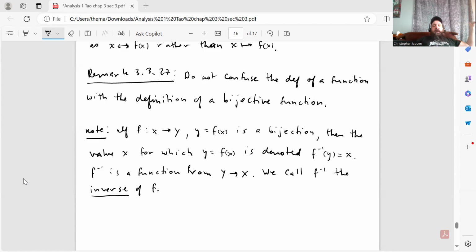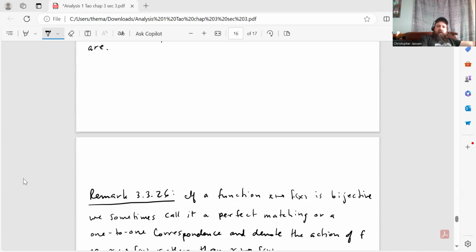Note that if f from X to Y, y equals f of x, is a bijection, then the value of x for which y equals f of x is denoted with this notation. This is read f inverse of y equals x. f inverse is a function from Y to X, so you switch domains and ranges. We call f inverse the inverse of the function f. Okay, and I think that's the end of the chapter summary.